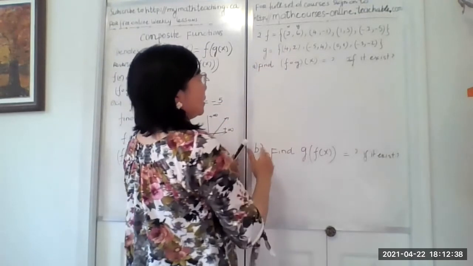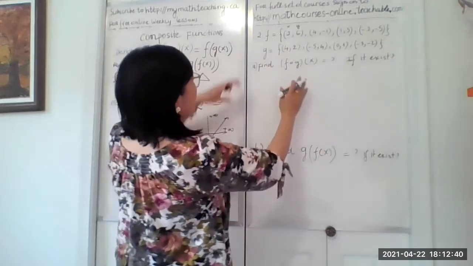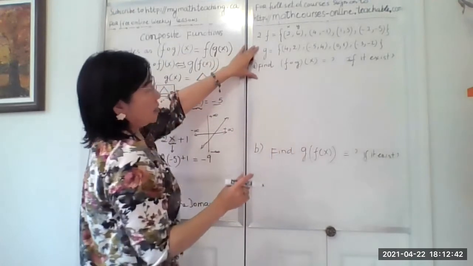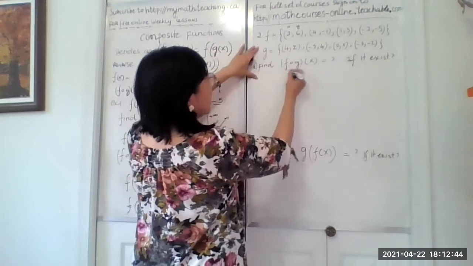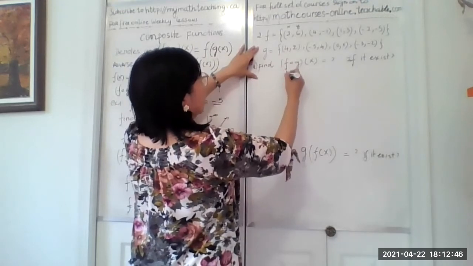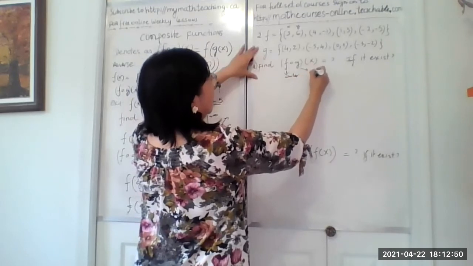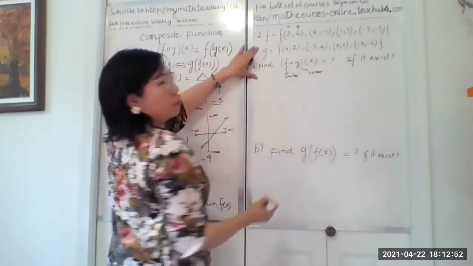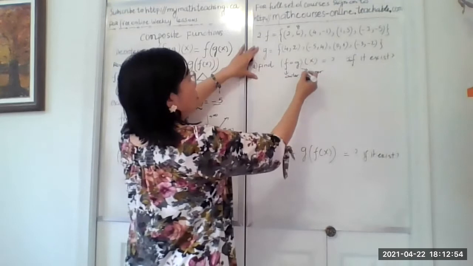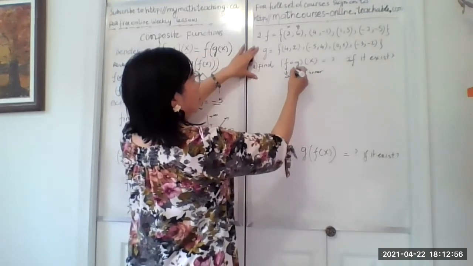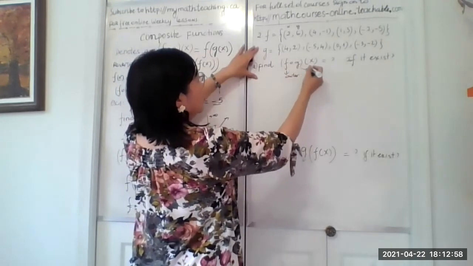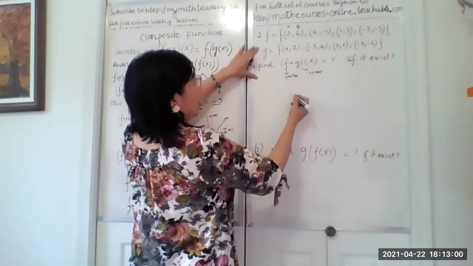Okay, so let's take a look here. Find f of g of x. First of all, for a question like this, we know that f is the outer function and g is the inner function. We want to find f of g of x.